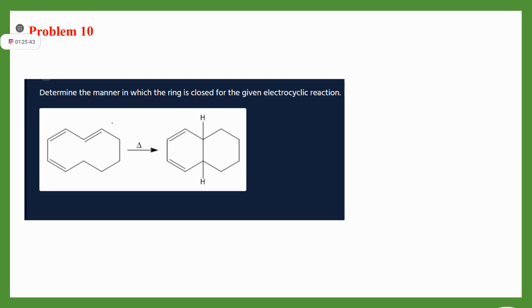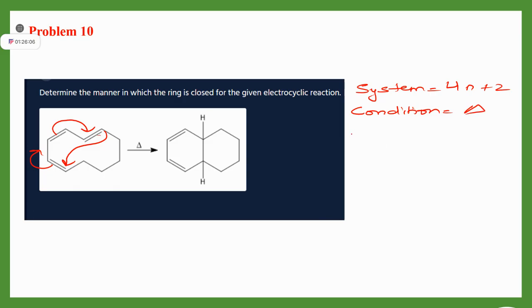See, it is obvious that this is electrocyclic ring closing. With which type of system? 4n plus 2. Condition, heating. Closure: conrotation or disrotation?